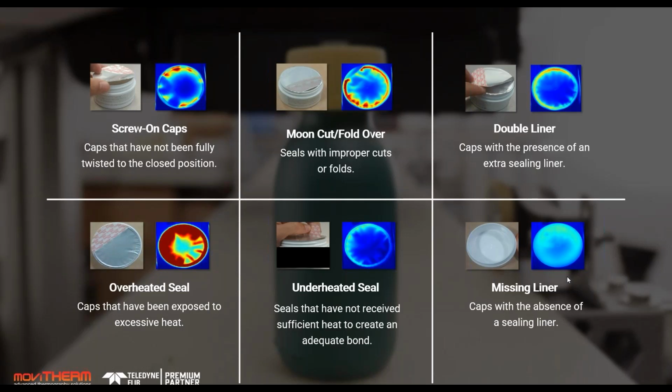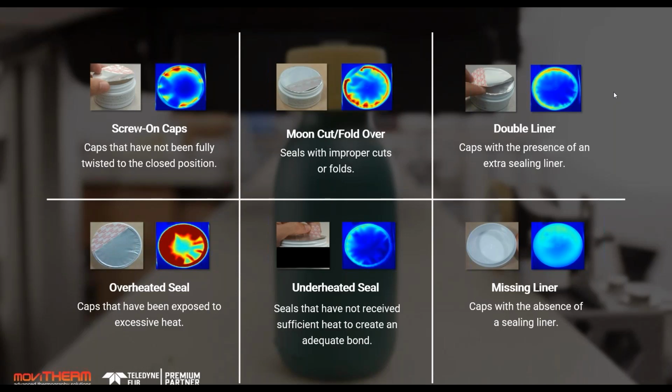And again, getting to your specific question in terms of what type of issues we can see. We've got this image on here, but overheating and underheating are big ones. So you want to really have a consistent seal, and the thermal camera is just incredible for this type of stuff.